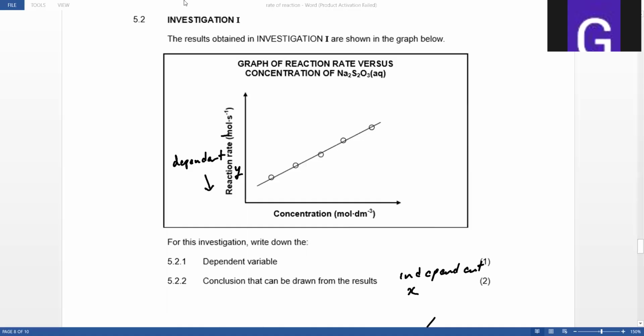Now let us go through the questions. It says, for this investigation, write down the dependent variable. This was straightforward. Obviously, the dependent variable will be the reaction rate.